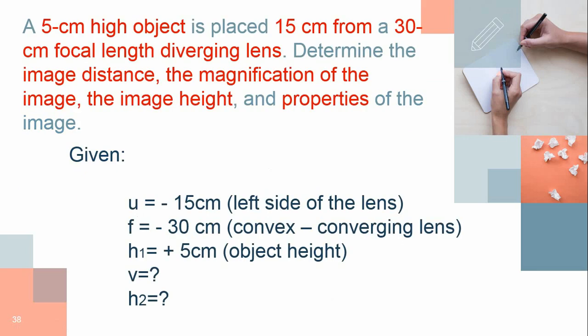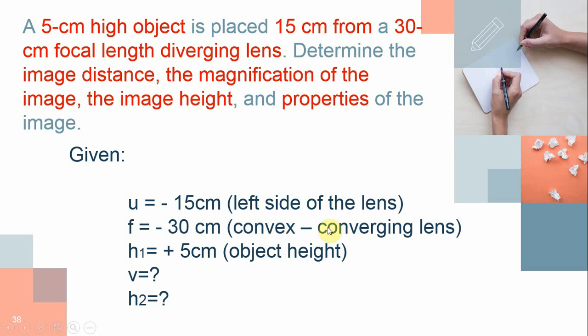From the problem, it has a diverging lens, so the lens is a concave lens. 5 centimeter high means the height of the object is 5 centimeter, so h1 is equal to plus 5 centimeter because the object is placed above the principal axis. 15 centimeter from the lens, so u is equal to minus 15 because the object is placed on the left side of the lens, and the focal length is 30 centimeter. Here f is equal to minus 30 because minus indicates we use a concave lens.